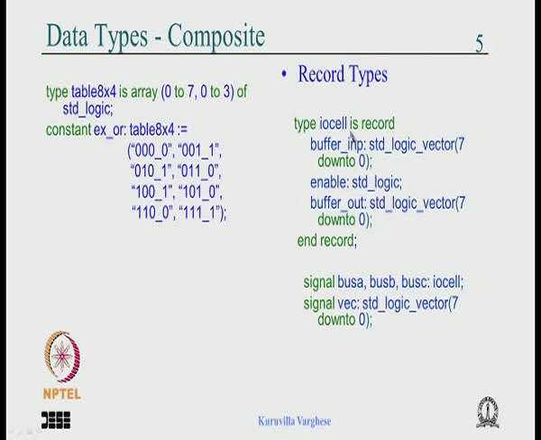And you can have a record, whereby related signals or variables can be put together, and this shows some input, output, enable of tri-state gates put together.